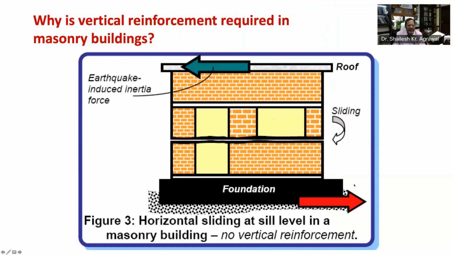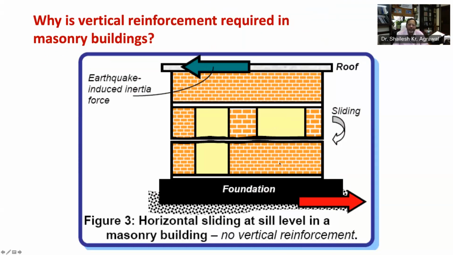Let's see now figure number 3, which shows an unreinforced masonry building. The cross-sectional area of masonry wall reduces at the openings. During strong shaking, buildings may slide under the roof or below the lintel band or at the sill level.